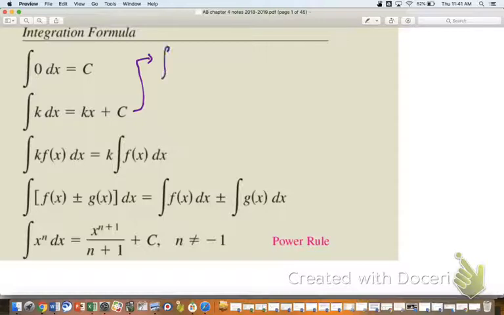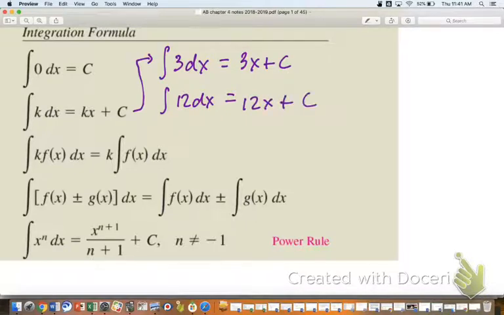So if we had the integral or the antiderivative of 3 dx, anybody want to take a shot at what you think that would end up being? 3x plus c. There you go. If it's the antiderivative of 12 dx, what do you think we'd get? 12x plus c. So that's why they feel comfortable saying, all right, it's the antiderivative of k dx. You just get kx plus c.